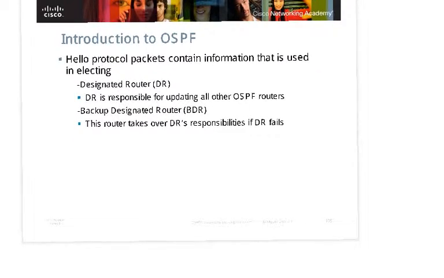As we said, the hello protocols contain information that's used in electing the designated router and the non-designated routers. So what happens is that in special type networks like the one we talked about, the non-broadcast multi-access network, the traffic will be huge, especially for link state information, which gets flooded to all the neighbors.